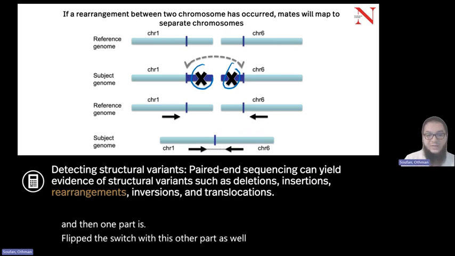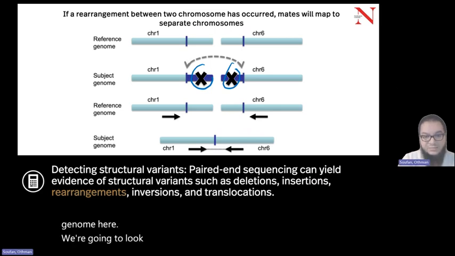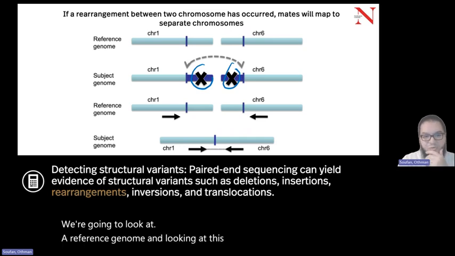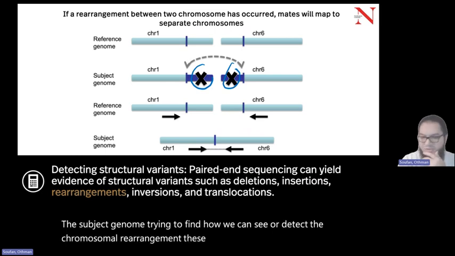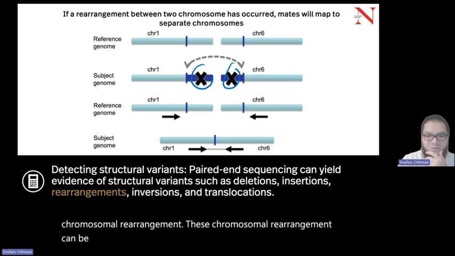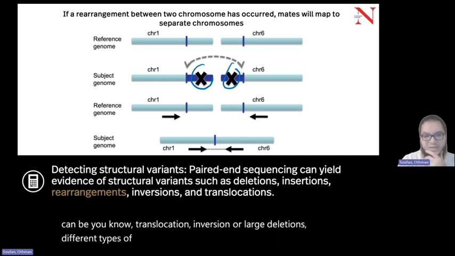So we look at the reference genome and the subject genome, trying to find how we can detect the chromosomal rearrangement. These chromosomal rearrangements can be translocation, inversion, or large deletions. Different types of chromosomal rearrangements can take place.